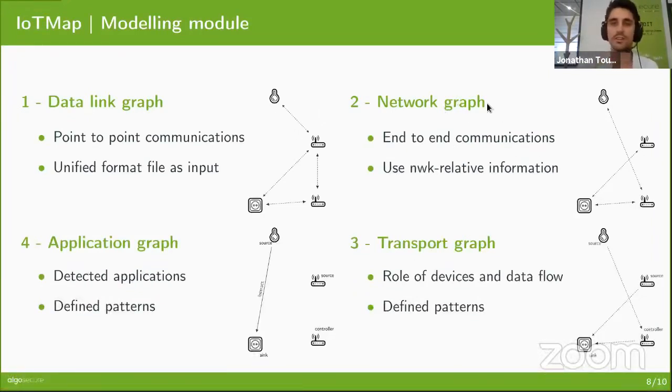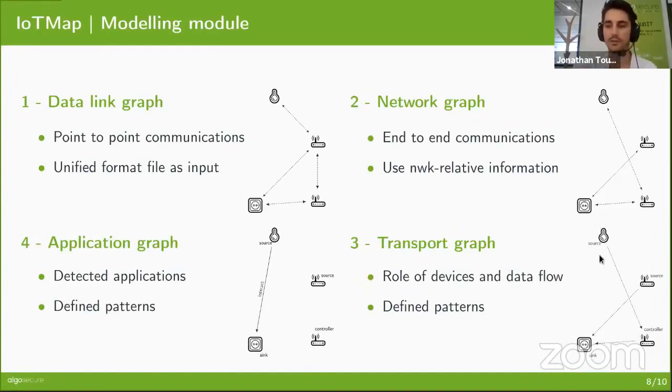Now, with the information brought by the network graph, we produce the transport graph. The transport graph exposes the role of each device and the data flow. As we can see here, we have a bidirectional communication between the light and the router. In the transport graph, we replace these bidirectional communications with oriented one-way communications from the light to the controller.